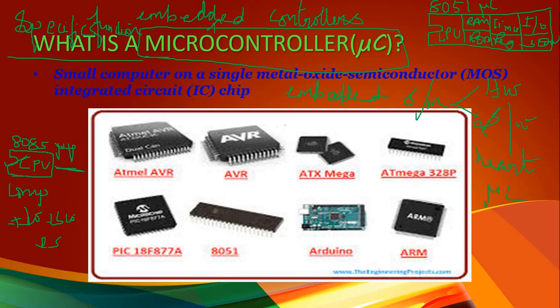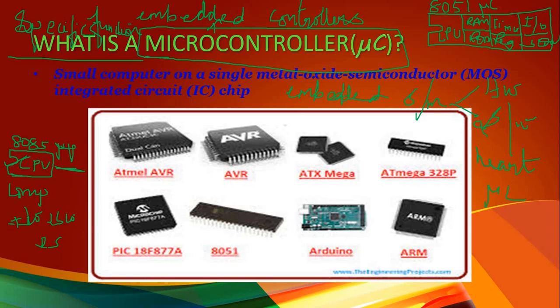But the microprocessor will perform multiple tasks, but it requires more space. In a small device, I can use a number of microcontrollers to control various functions. In one device, I can control temperature, sense gas, control pressure, humidity, anything.